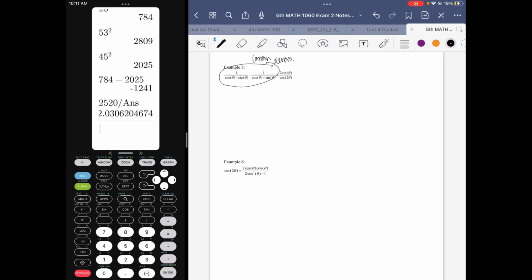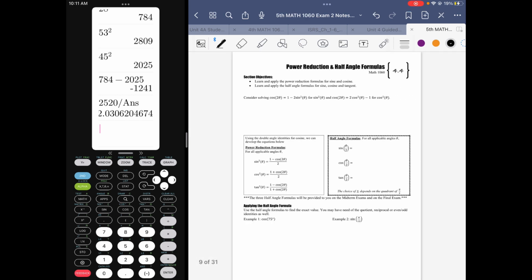Okay, that's your hint on that one. And then on this bottom one, I want you to change tangent into something else. Start on the tangent side. And I think you guys can get it from there. I will post my notes, obviously, for that. But I want you guys to try those ones on your own. And go ahead and pause the video, do that. When you're ready, come back and we'll talk about 4.4.